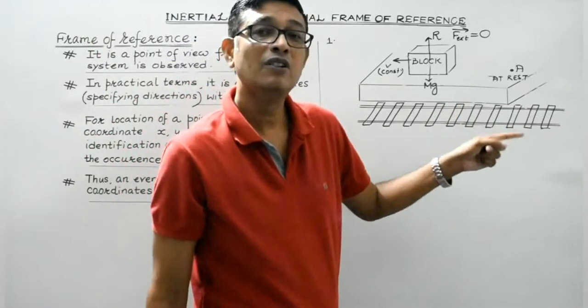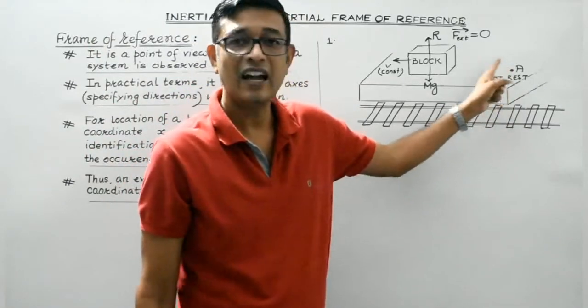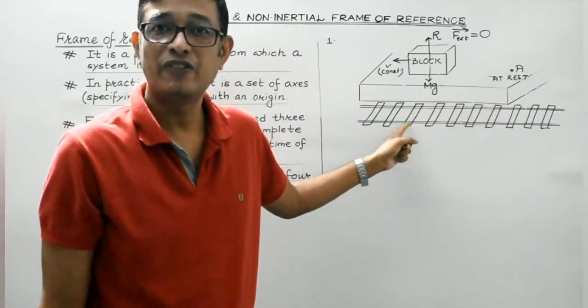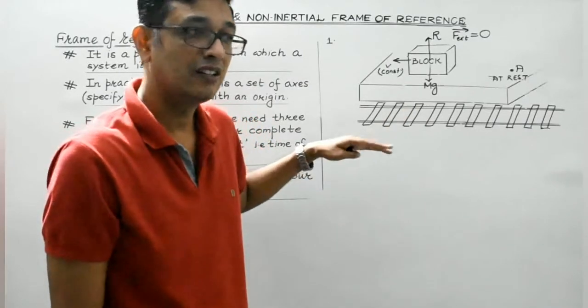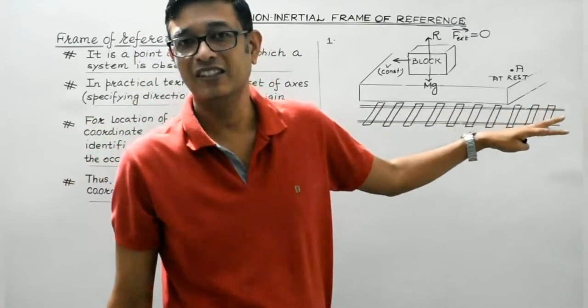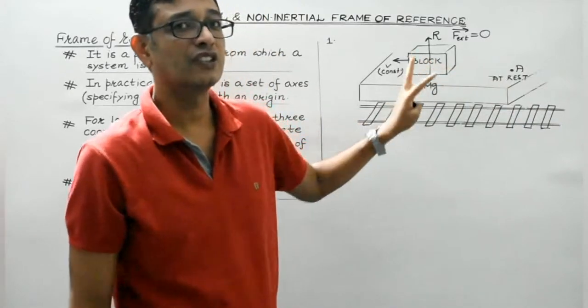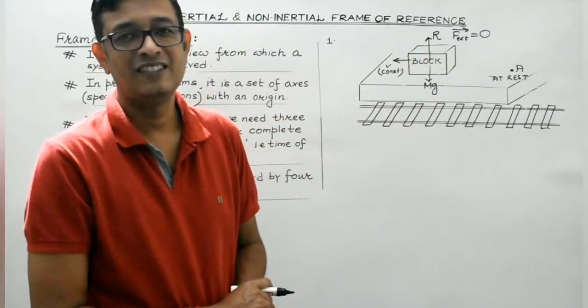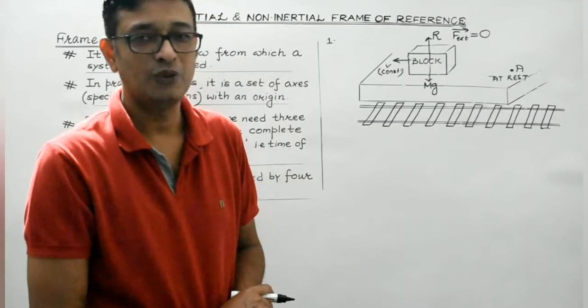So in frame of reference A, and in frame of reference B, which is the train moving with uniform velocity, in both cases Newton's first law is obeyed. That is, the law of inertia is obeyed.